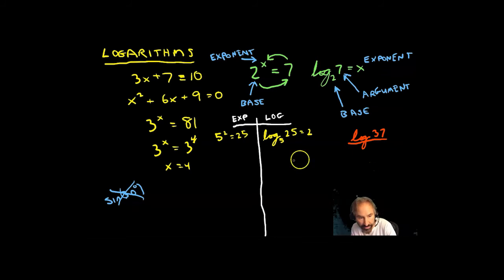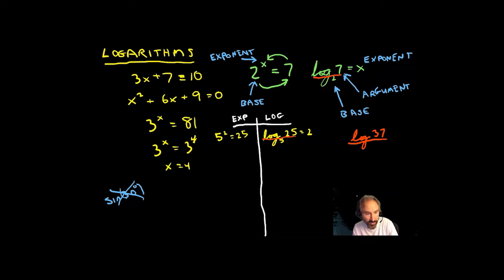Now obviously my writing is not perfect here, but this 37 should not be up high. And that 7 should not be up high. The bottom of the 7 and the bottom of the word log should be on the same line. And the bottom of the 25 and the bottom of the word log should be on the same line. Okay, so anyways, let's continue.